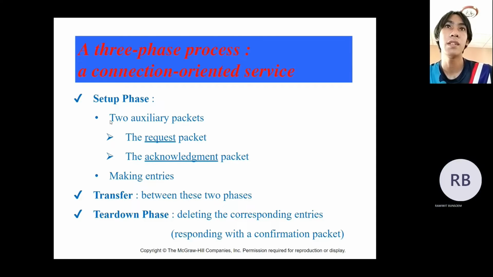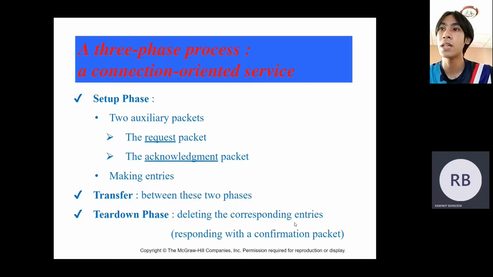The setup phase uses two auxiliary packets: one, the request packet, and two, the acknowledgement packet. Then the transfer and teardown phases. The transfer phase is between the two ends, and the teardown phase deletes the corresponding entries, responding with a confirmation packet.